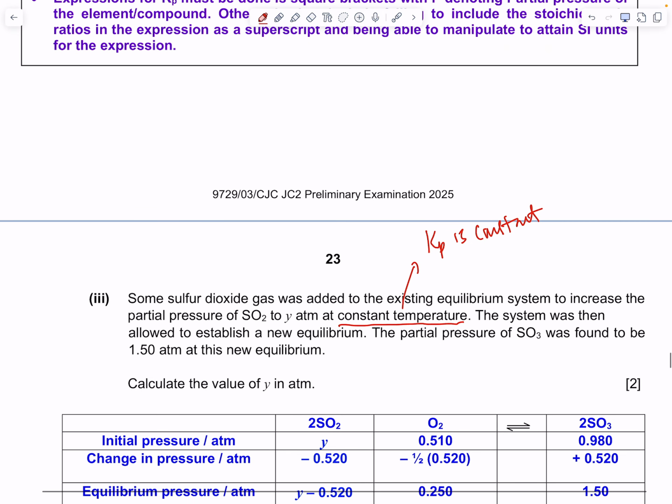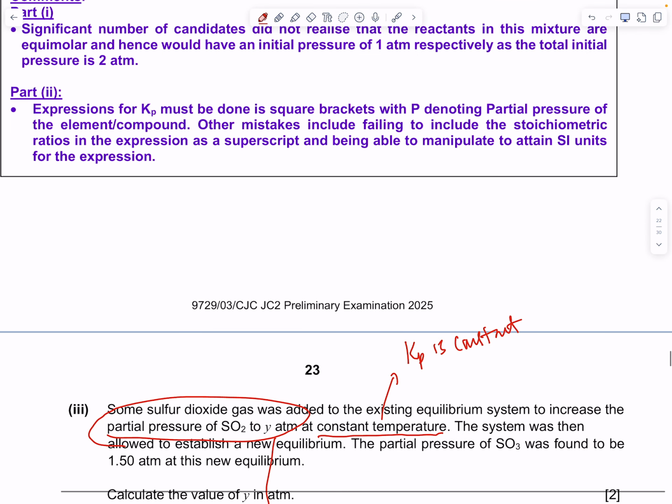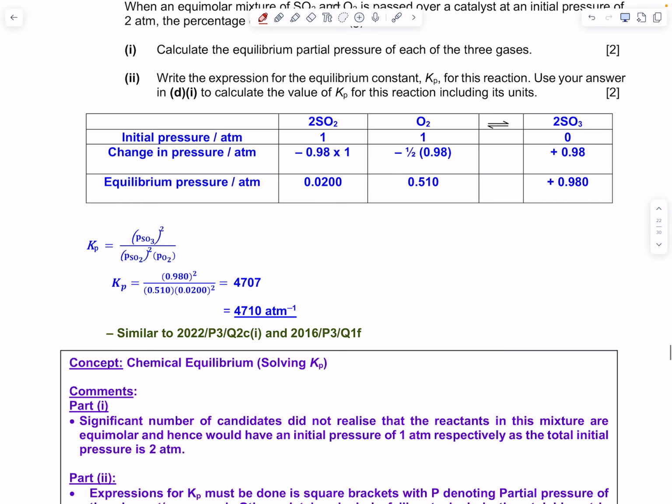Alright, so to increase the partial pressure of SO2 to Y atmosphere, your initial pressure will now be Y, your partial pressure of oxygen will now be 0.51. Okay? So for those of you who need to draw a graph, you should put partial pressure as your y-axis, and then you go to the ICE table previously and record down: this is 0.02, this is 0.51, this is 0.980.